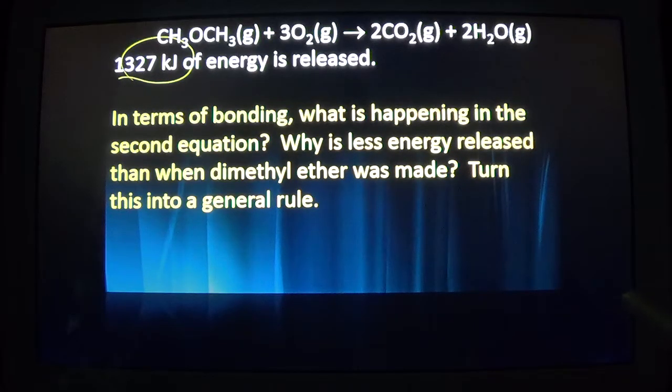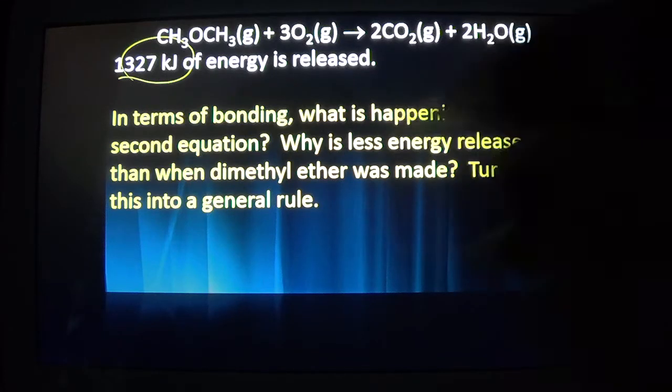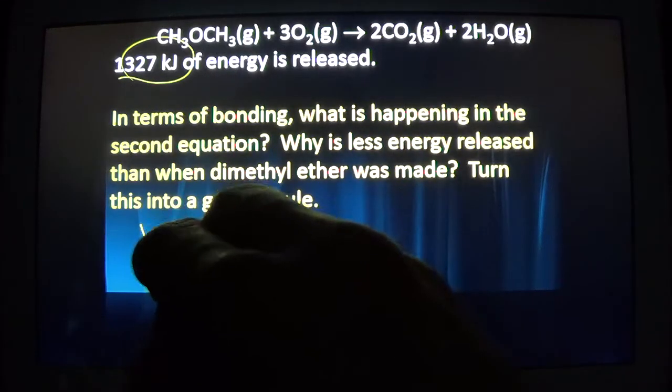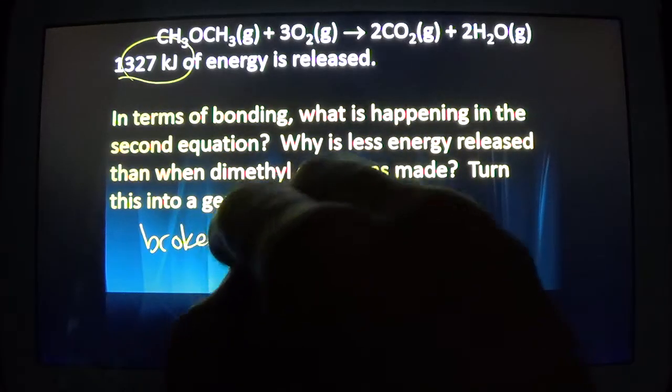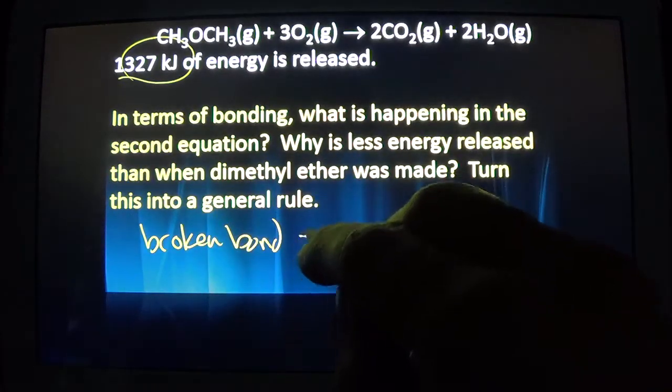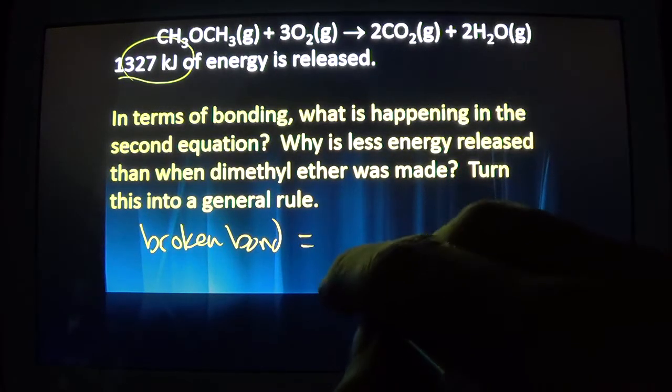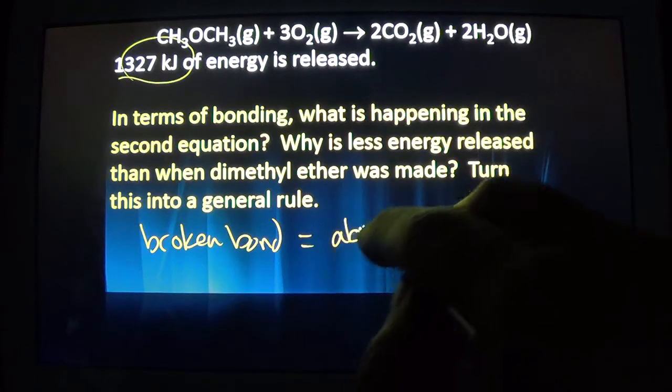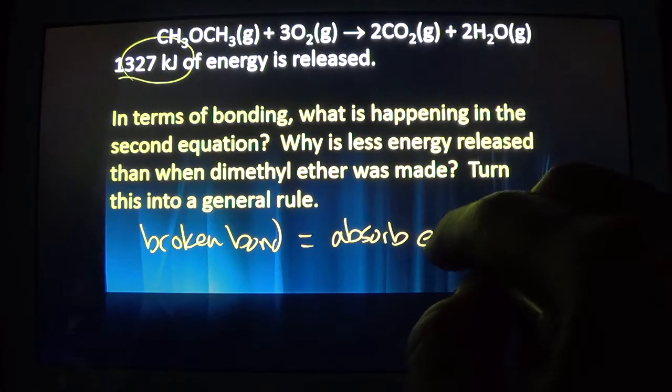So why is it less? Well, previously we did nothing but make bonds, and that released energy. So if I have less energy, I had to do something other than just make bonds, and that is that some bonds were broken. If I'm going to be breaking bonds, what I want to remember is that that must absorb energy.